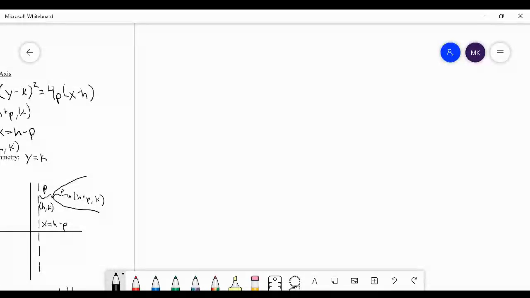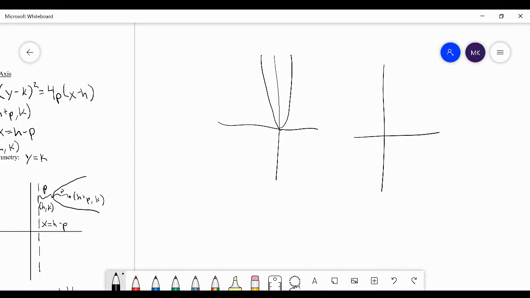We'll get into this in a little bit and do some examples and see how some things change. But think about this: as p gets bigger, let's stick with a very simple one, is our graph going to become more narrow, or is it going to widen out?